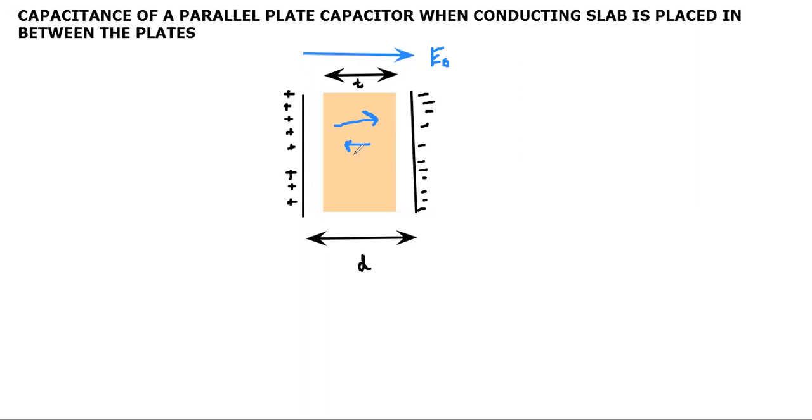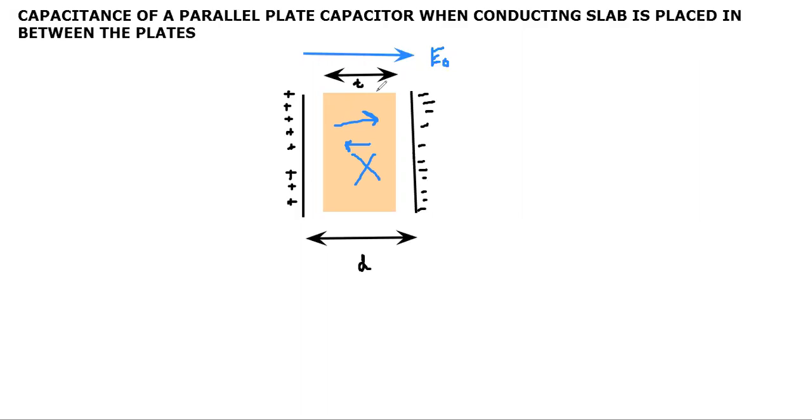And when a dielectric is placed, the dielectric would have an internal electric field. This is the difference between a conductor and a dielectric. Inside a conductor there is no electric field, but inside a dielectric there would be an electric field. Okay, we will come to that later on.